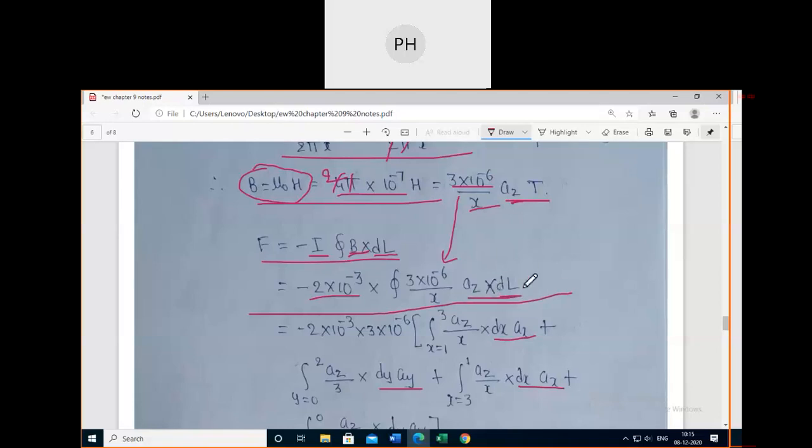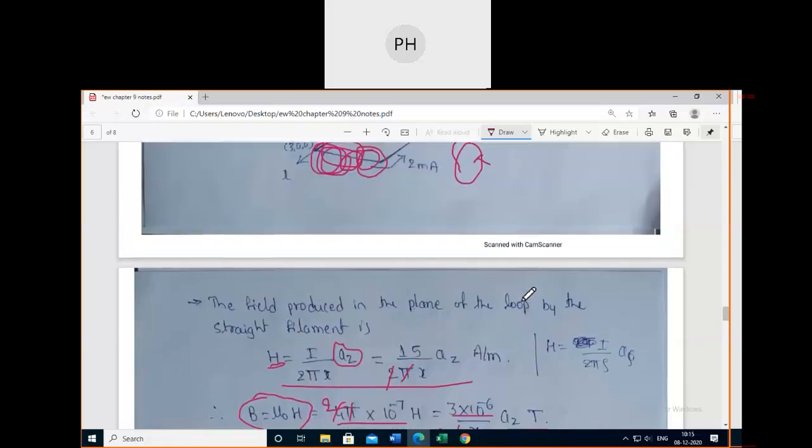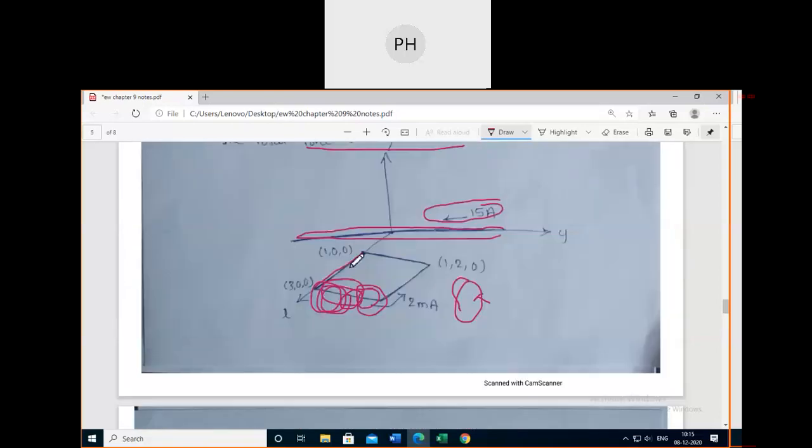Now we'll equate dl. The first line is along the positive ax direction, the second line is along the positive ay direction, the third is along the minus ax direction, and the last is along the minus ay direction.